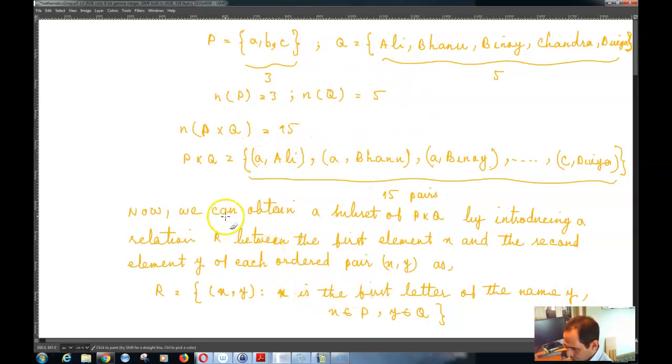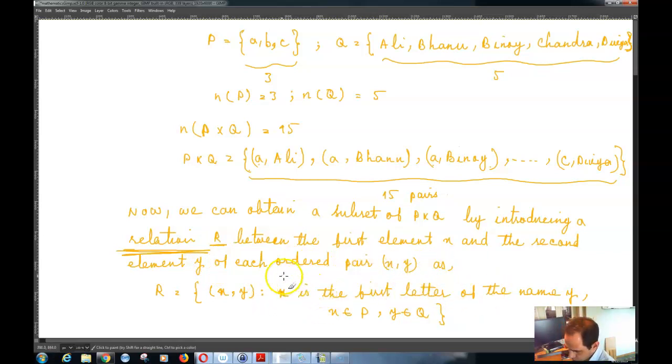So once you get these 15 ordered pairs over here, now you can obtain a subset of the elements of P times Q by introducing a relation R between the first element X and the second element Y of each ordered pair X comma Y as this.